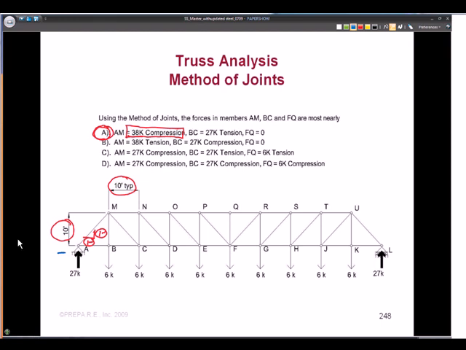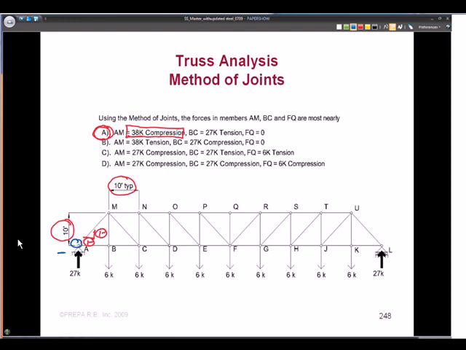In this problem statement, it talks about member FQ, and let's say that all they want to know is the force in member FQ and none of the other ones. And so if we did the method of joints, it would take us multiple iterations to get there.